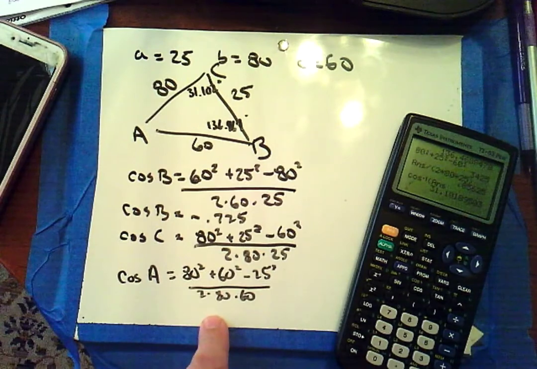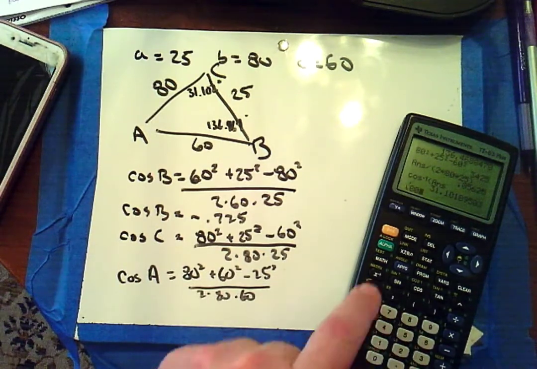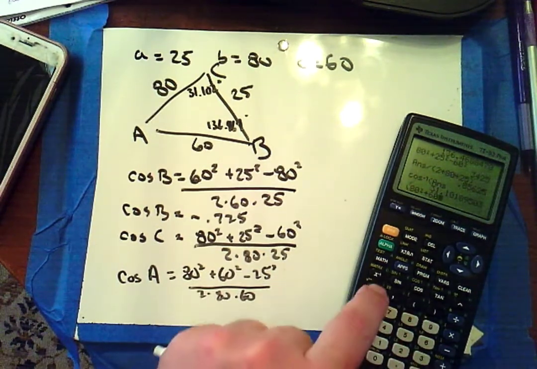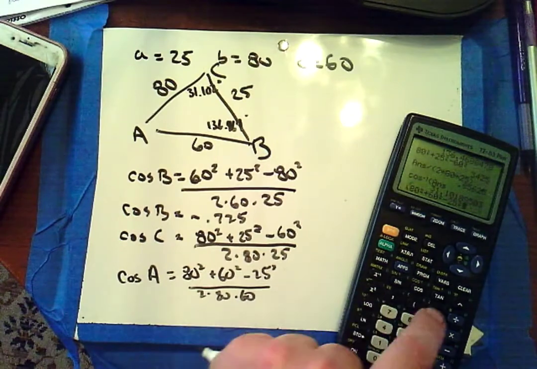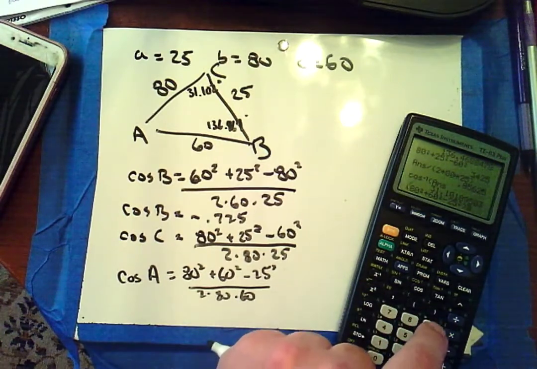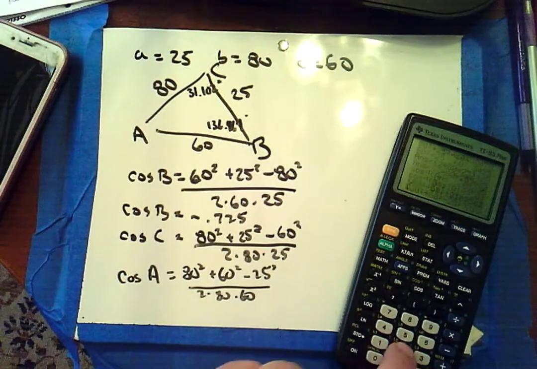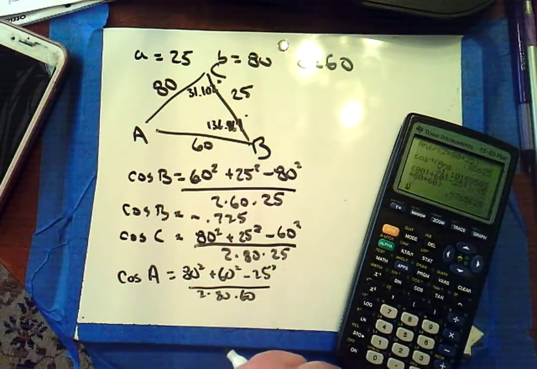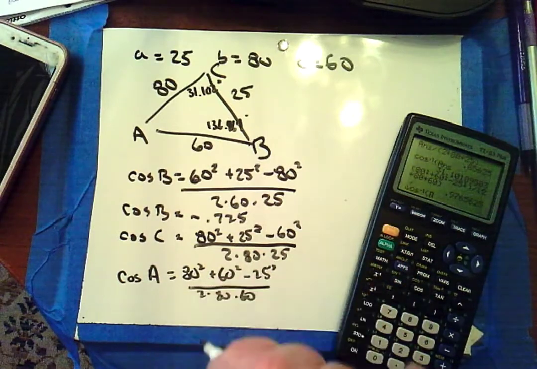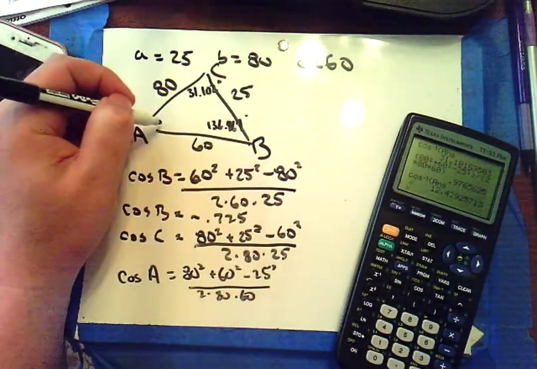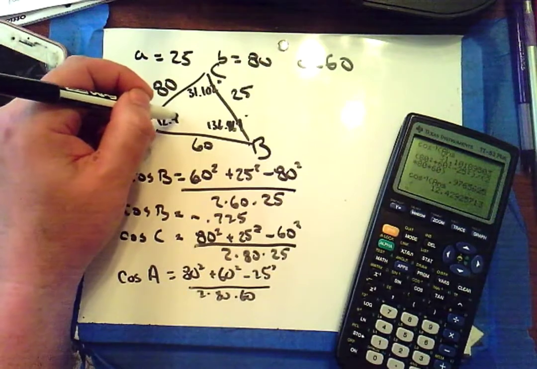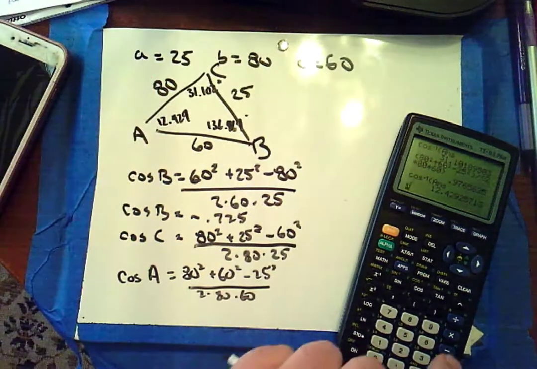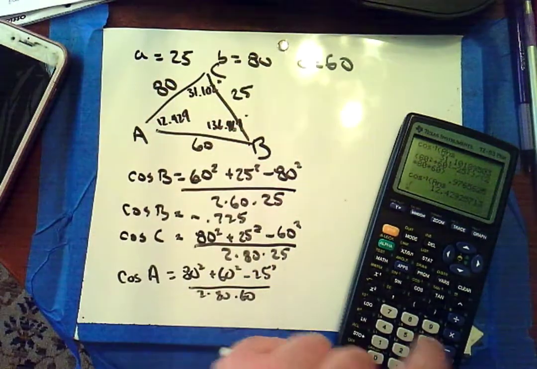Okay, so I've got parentheses 80 squared plus 60 squared minus 25 squared, and I want to divide that by 2 times 80 times 60. Okay, and if I do the inverse cosine of that, I get this is 12.429 degrees.